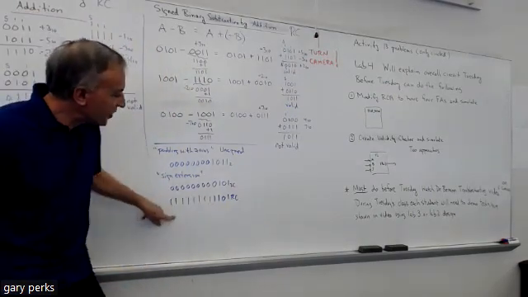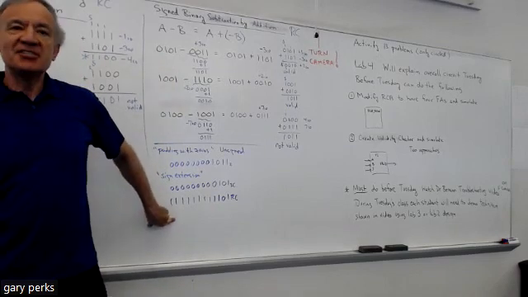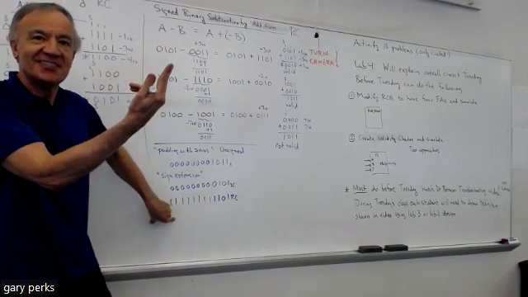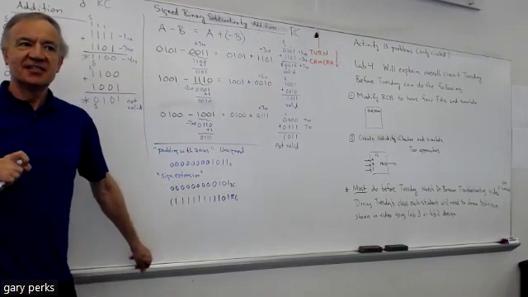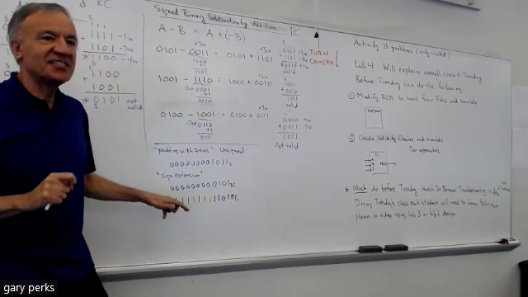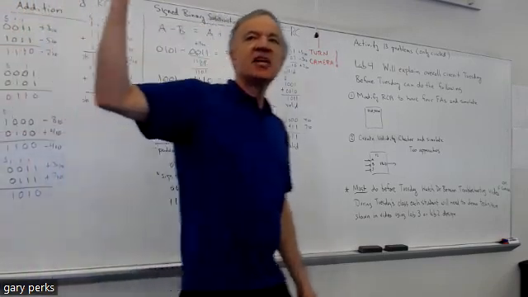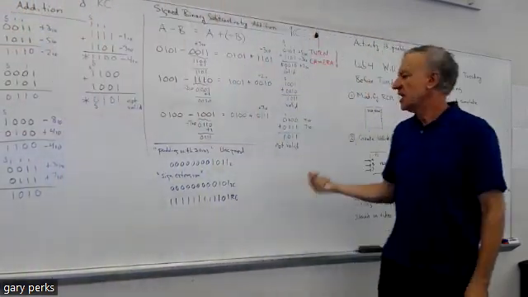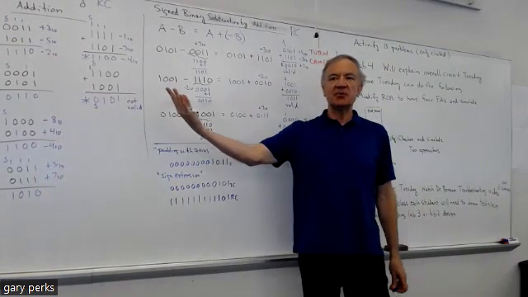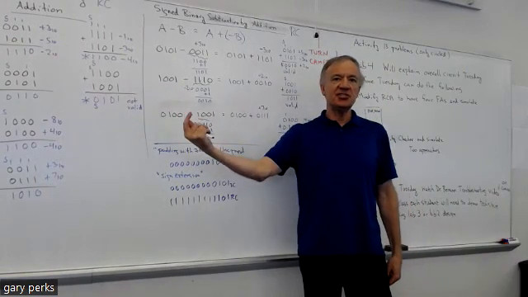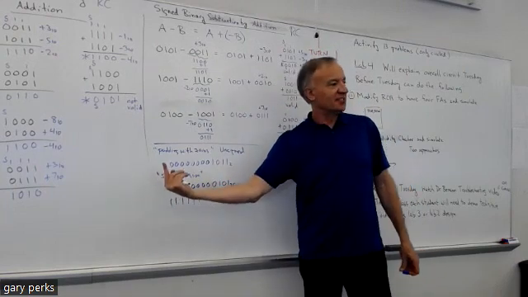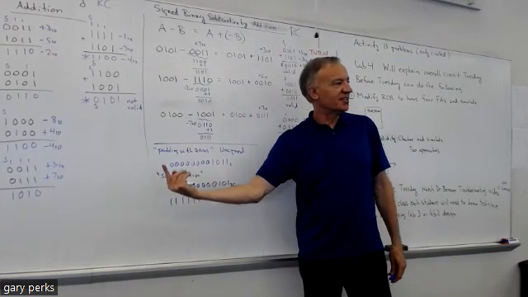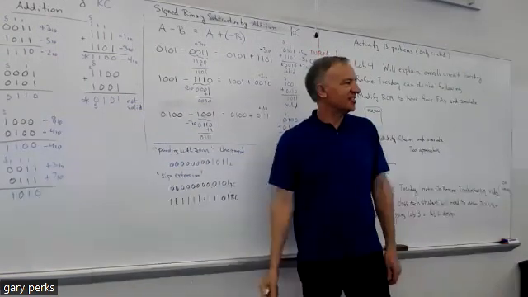Because if I added zeros, when I go to get the magnitude, I'd flip those zeros to 1s, and that would change its value. So this is called sign extension: when you have a signed binary number and you want to increase the number of bits it has without changing its value, you take the sign bit and extend it as many bits as you want. So that's where the name comes from, sign extension.